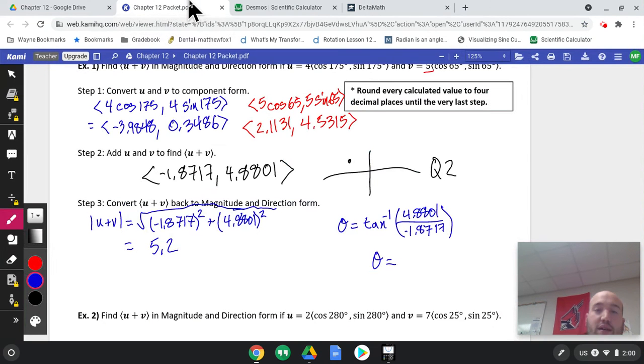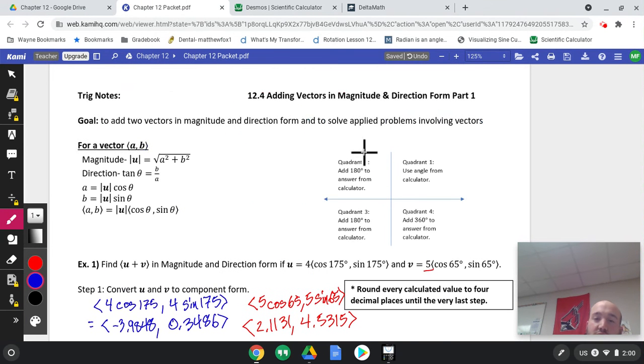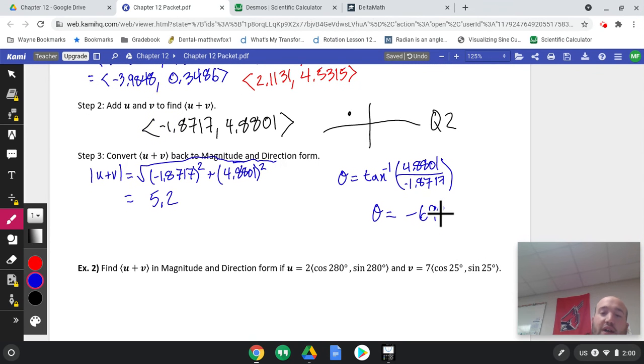Now keep in mind, this was in quadrant 2. So that's not our final answer. Quadrant 2, if you go up here, remember our chart from 2 lessons ago, quadrant 1 we just use as is. Quadrant 2 we have to add 180. Quadrant 3 add 180. Quadrant 4 add 360. So if I add 180 to that negative 69, I'll get 111 degrees.